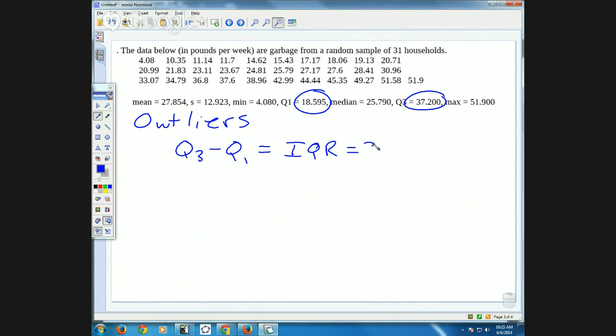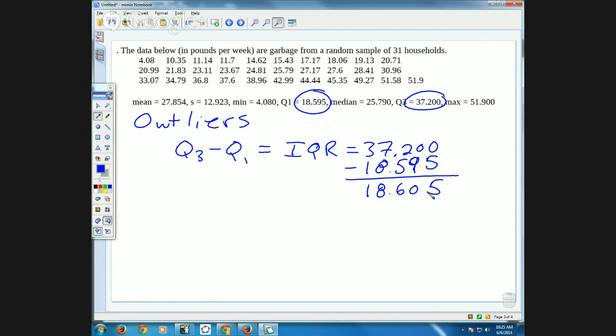So what is 37.200 minus 18.595? 18.605, I'll buy that. All right, so that's the interquartile range.